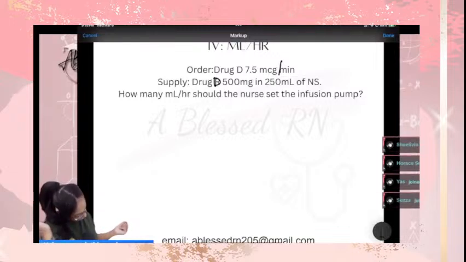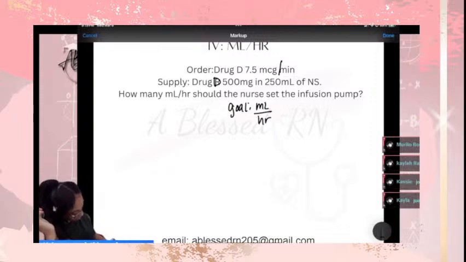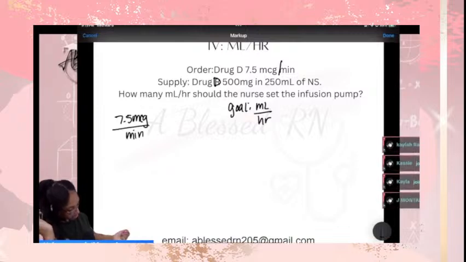How many milliliters per hour should the nurse set on the infusion pump? Okay, so our goal is to find milliliters per hour, and we have an order of 7.5 micrograms per minute, and it's available in 500 milligrams per 250 milliliters.